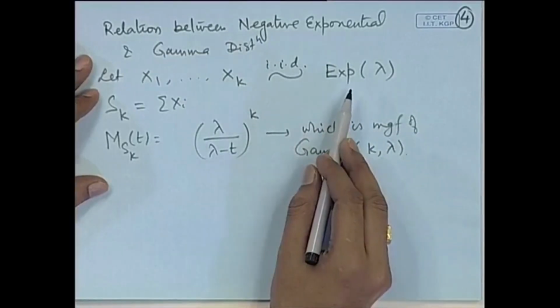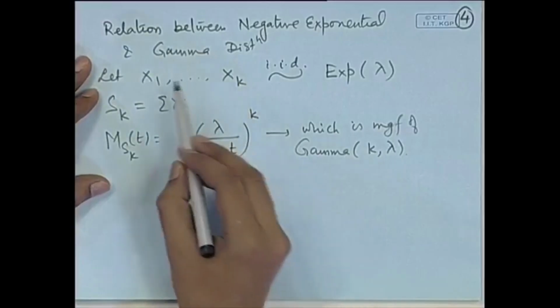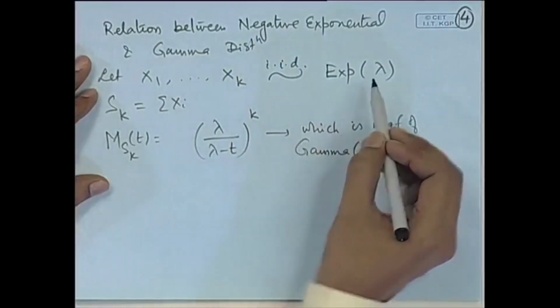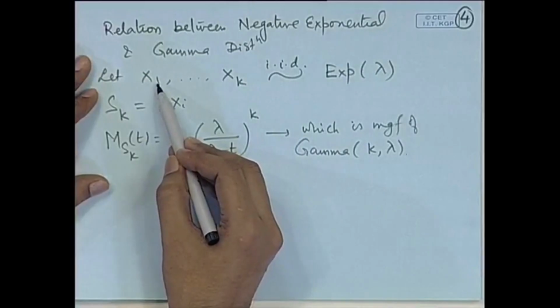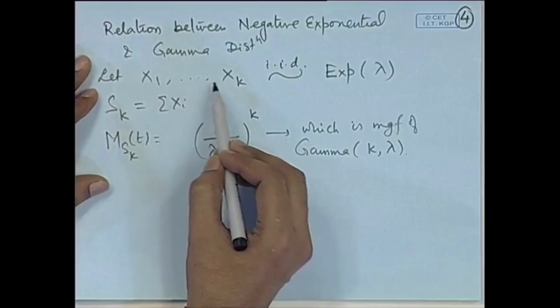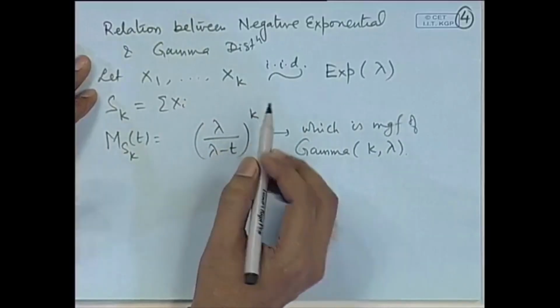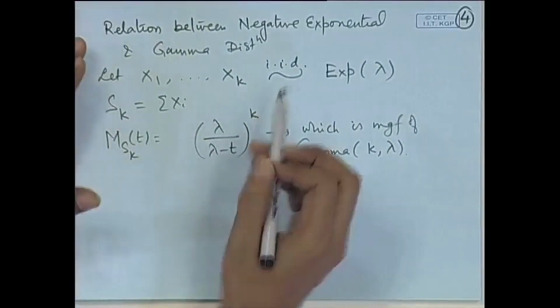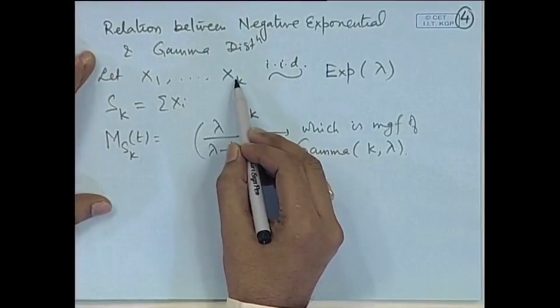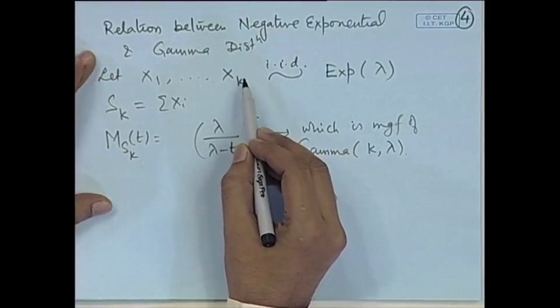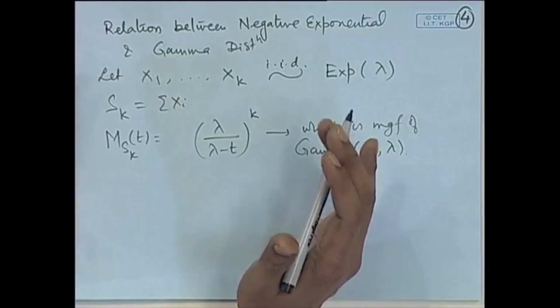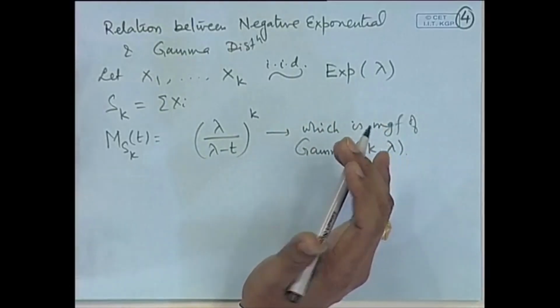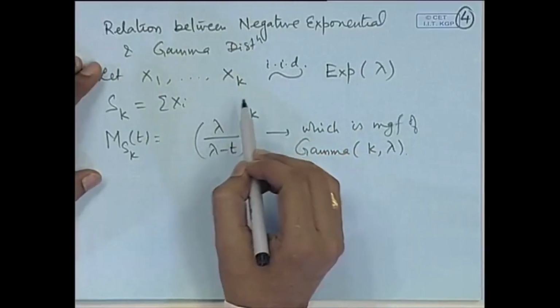So, physically, if we are observing a Poisson process with rate lambda, X1 denotes the waiting time for the first occurrence, X2 denotes the waiting time for the first occurrence at another point of time, Xk denotes the waiting time for the first occurrence in the kth observation of the process.